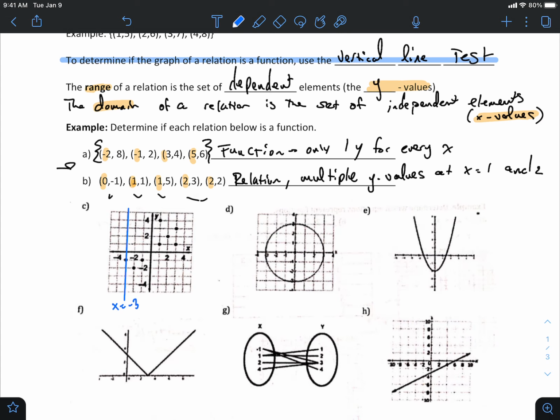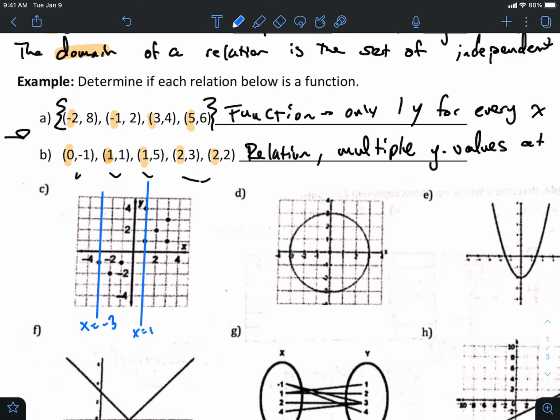But if I keep going and draw a whole bunch of vertical lines, that one's good. This one's good. When you arrive at x equals 1, it's not going to let me draw that on there. When you draw at x equals 1, how many points do you come across there? It looks like there are 2 different points where the x value is 1.